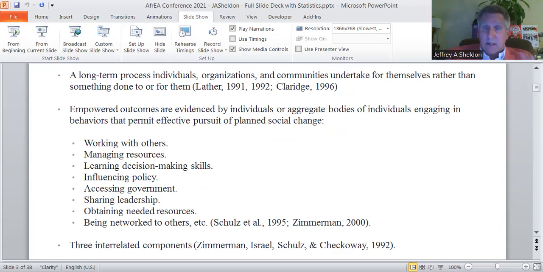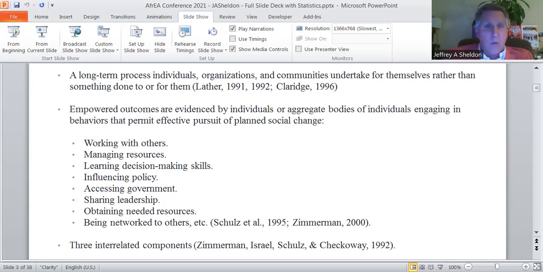So empowerment is, to a large extent, about social change, changing the dynamic, especially in disrupting negative, damaging social norms which oppress and marginalize people. So empowerment is about creating a certain amount of social change.